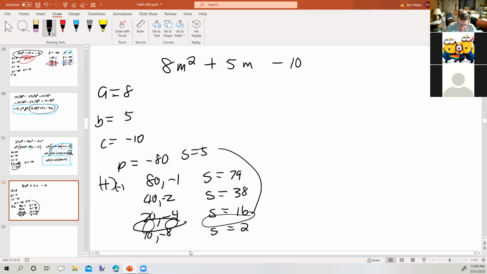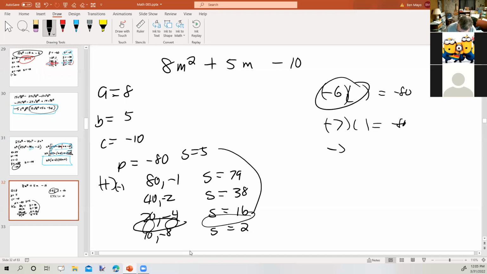Well, negative 6 and negative 7 don't even go into negative 80 correctly. In other words, I can't get negative 6 times something to come up with a product of negative 80, and negative 7 times something doesn't give me a product of negative 80. So it would have to be negative 5. Well, what would the other number be?